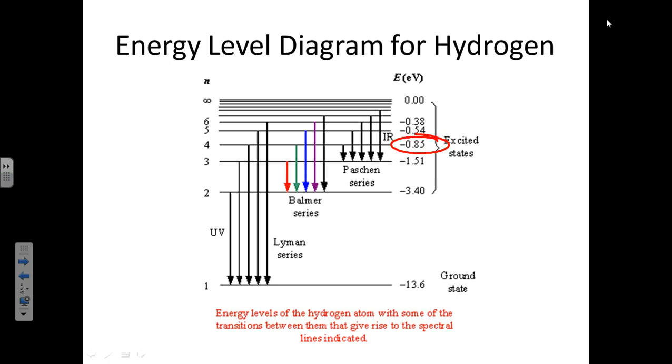From there, you ought to be able to just look at it and tell. 7 to 3. We don't even have 7 listed on this diagram. But what you can see when things go down to 1, and what happens? It gets really big, okay? When you go down to 1. So your answer is going to be 3 to 1. When you go down from some level down to 1, you start giving off like UV light, which is really high frequency stuff, right?